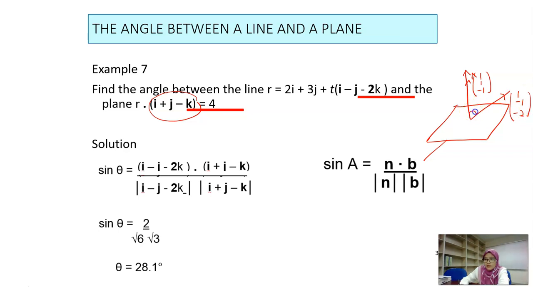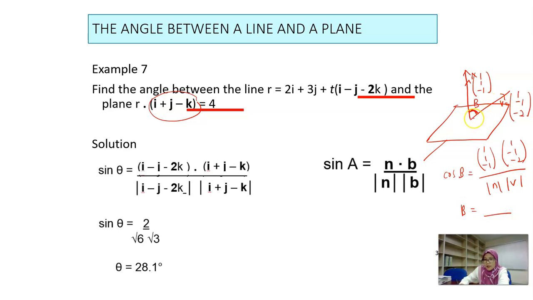Previously you learned that if you find the dot product of the two vectors, you will get this B. So cos B equals (1, 1, -1) dot (1, -1, -2) over the modulus of the normal and the modulus of the direction vector. Let's say I denote it as v. Yes, so I will get B.